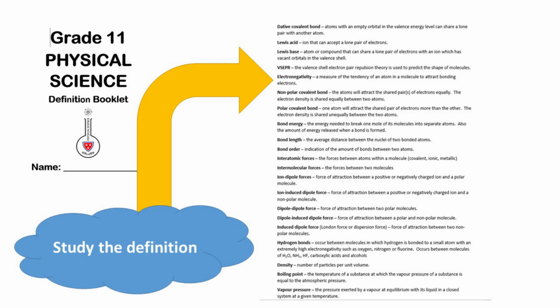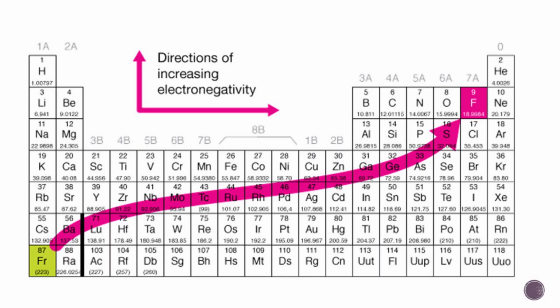So if you look at your periodic table, you will see there's an electronegativity value assigned to each element according to the Pauling scale. Fluorine is the most electronegative. It has an electronegativity of 4,0.